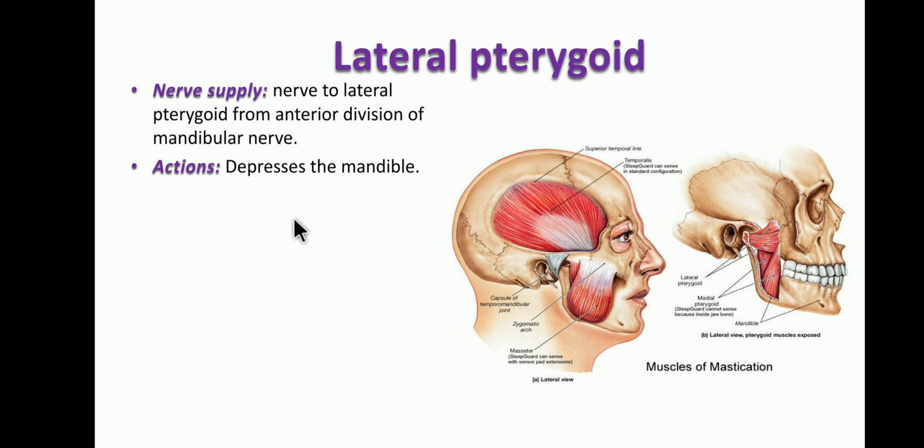Depression of the mandible is brought about when the muscle pulls, then naturally the condyloid process is drawn forward. When the condyloid process is drawn forward, the jaw opens, and mostly gravity itself aids in opening the mandible.